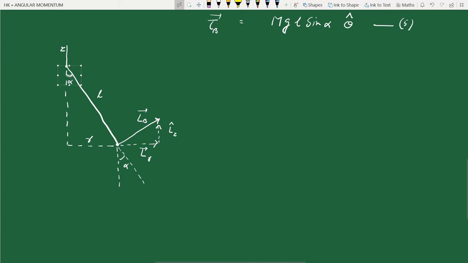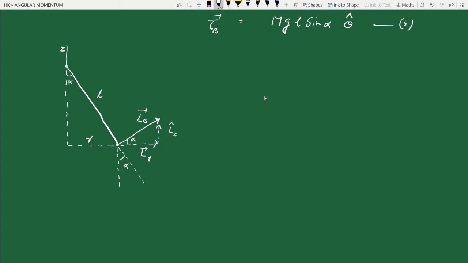Naturally if you extend the direction of the rod, the angle between the direction of the rod and the vertical direction should be alpha. If this is alpha, then between LR and the direction of the rod it must be 90 minus alpha. That means this angle must be alpha, because LB is perpendicular to the length of the rod.